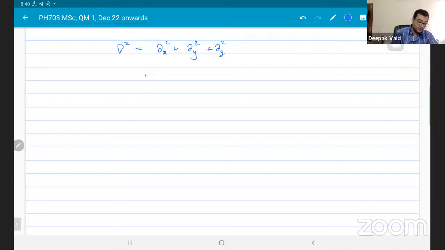Let me first ask, what are the eigenvalues of dx square? That means what function satisfies dx square f equals lambda f? What is the answer? Anybody?